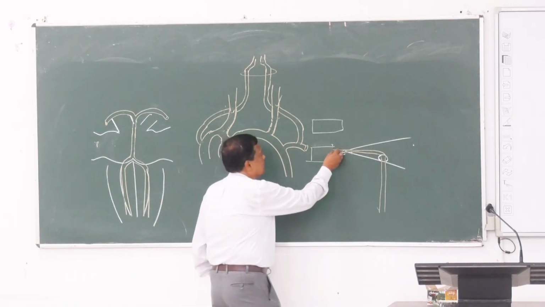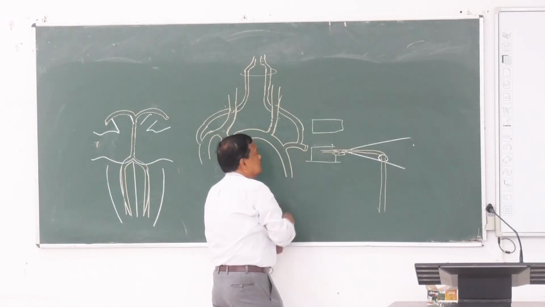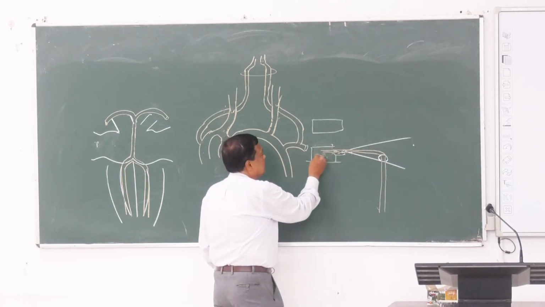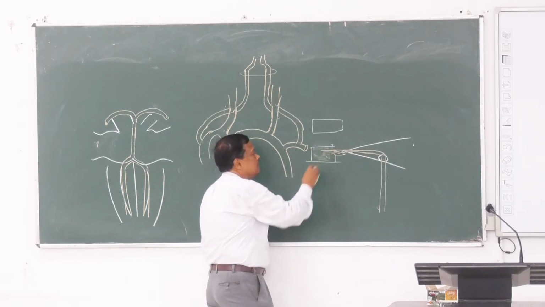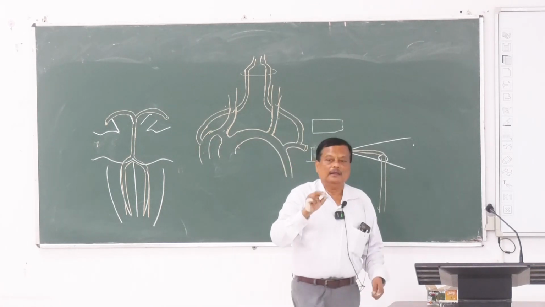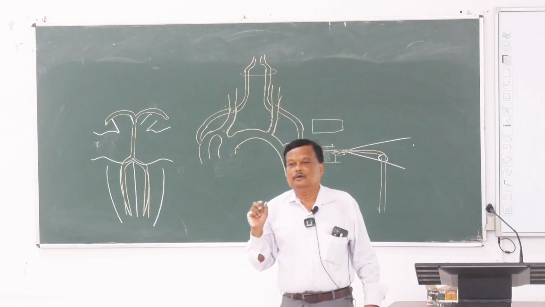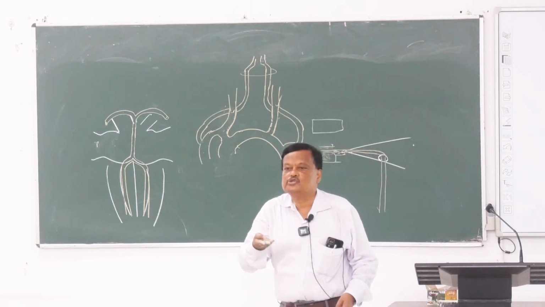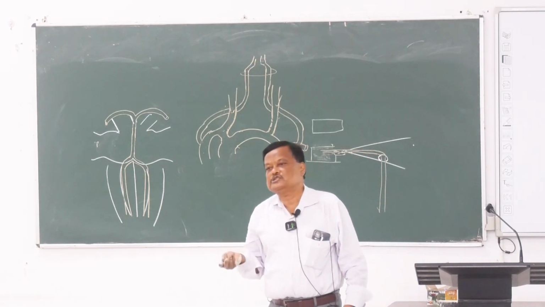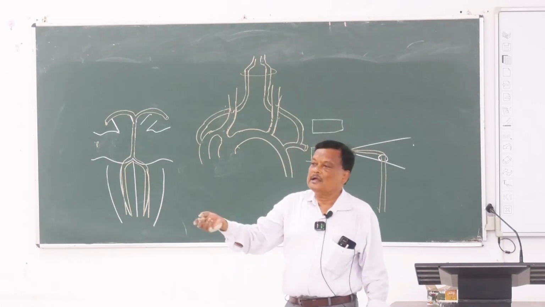So it enters the cavernous sinus, and there is blood in the cavernous sinus. Cavernous sinus has venous blood, only separated from the blood by the endothelial lining of this carotid artery. So it simply floats in the blood of the cavernous sinus, accompanied by other nerves.